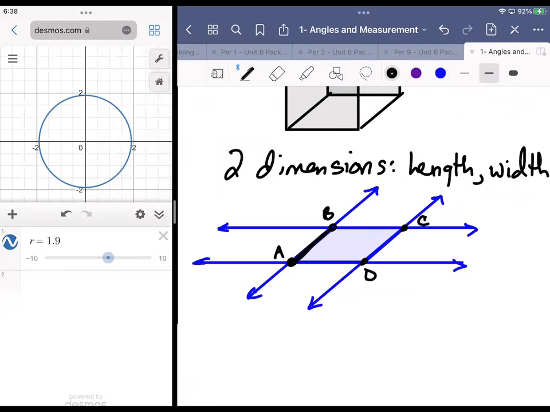Right? So this would be line AB. Same idea here. This would be line CD. Then we'd have line AD and line BC. Right?